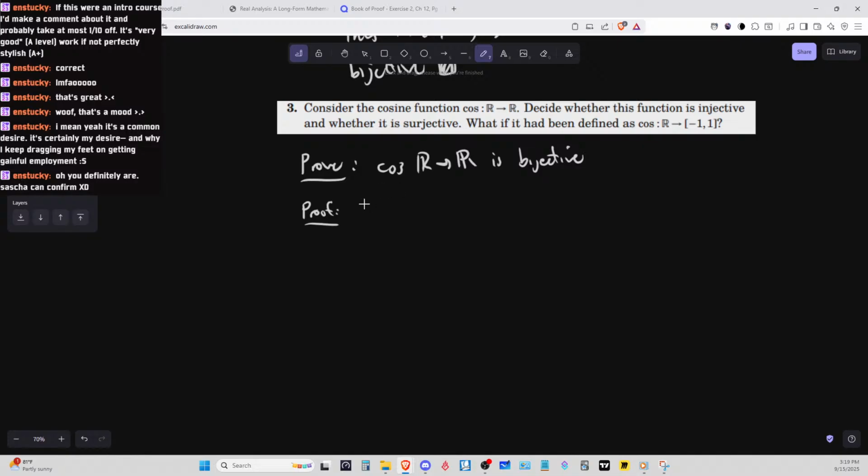Okay, so in order for it to be injective, actually I should write suppose. Suppose A prime is in A, and cos of A is equal to cos of A prime.